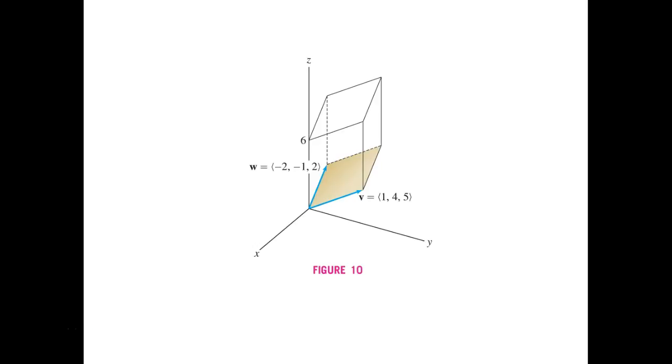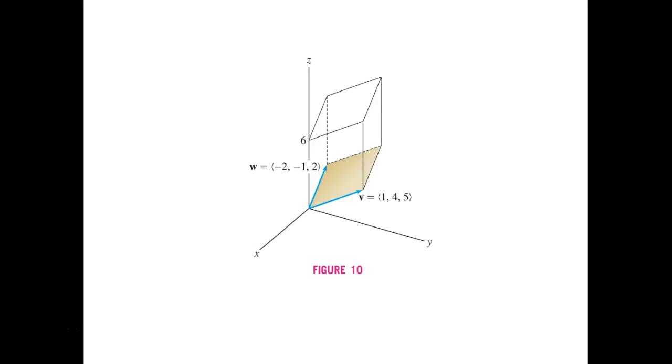W, on the other hand, is -2 on the X coordinate, -1 on the Y coordinate, and then up 2 in Z. So that looks about right. I can buy that. This is figure 11 in the text, figure 10 on the slide. So the slides got behind one.